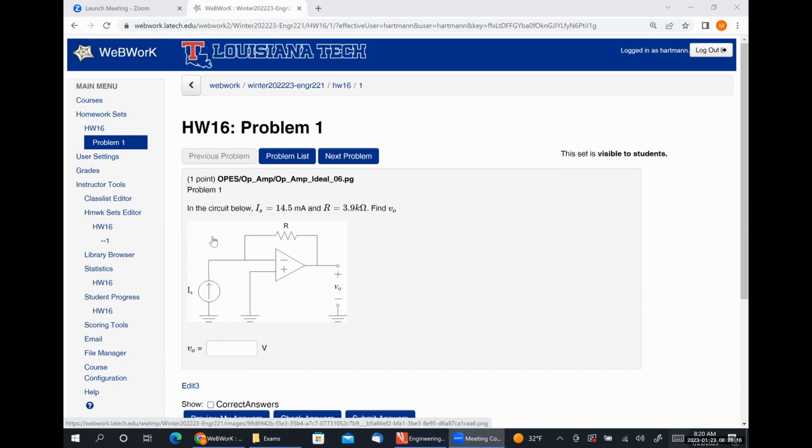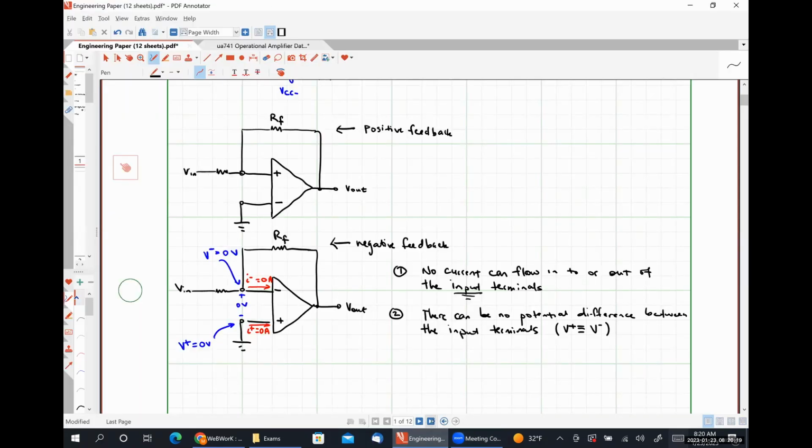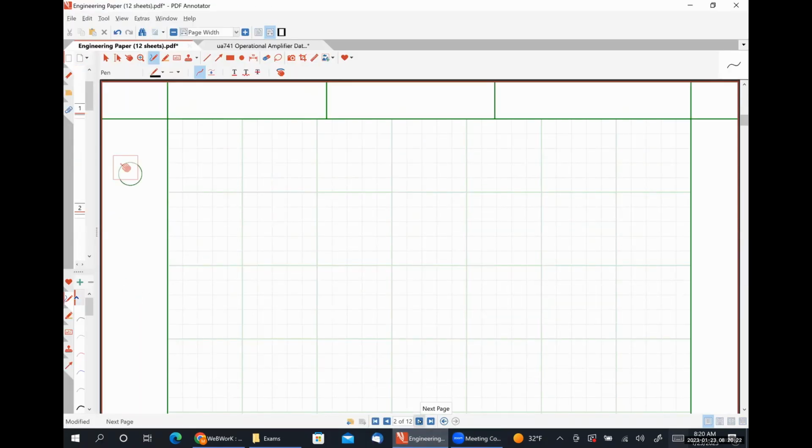Draw it and just make up some numbers. So let's call this homework 16.1. So we have our op amp circuit like so. Our non-inverting input terminal is connected to ground.